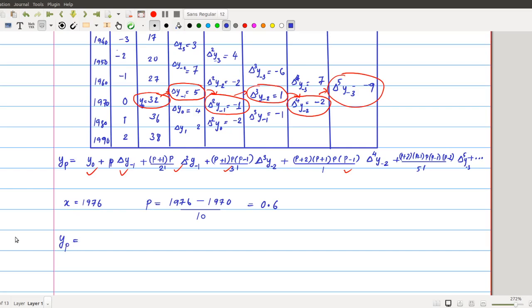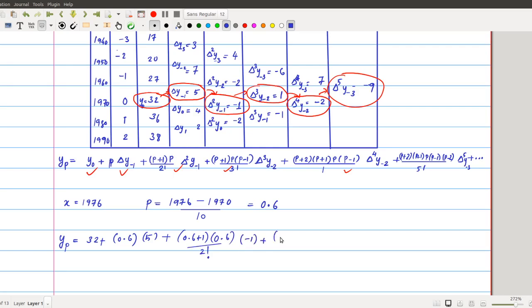Yp will be, this is our y value at x equal to 1976, that is equal to y naught. Y naught is this one, 32. So 32 plus, we have p times this, that means p times this one. So p is 0.6, that times this number 5, plus the third term will be p plus 1, that is 0.6 plus 1 times p, that is 0.6 divided by factorial 2 times delta square y minus 1, that is this number, that is minus 1.